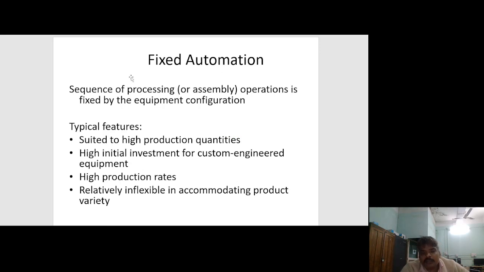Fixed automation: the sequence of processing operations is fixed by the equipment configuration. Typical features: suited to high production quantity, high initial investment for custom engineered equipment, high production rates, relatively inflexible in accommodating product variety.